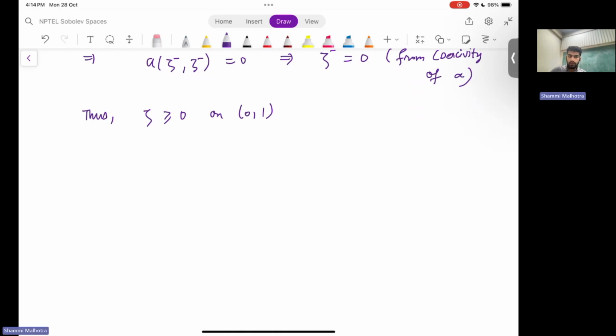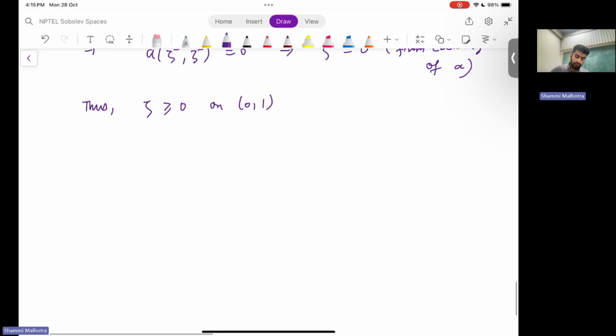Now, to show that this has a unique solution, we will employ the Lax-Milgram lemma. Since we cannot directly apply the Lax-Milgram lemma, we have to again choose suitable spaces for this.